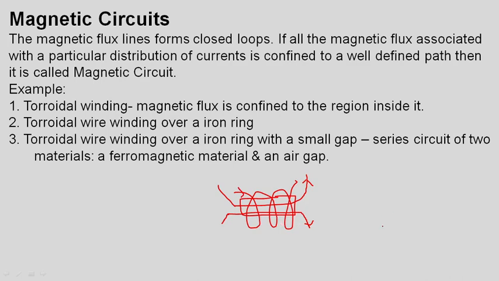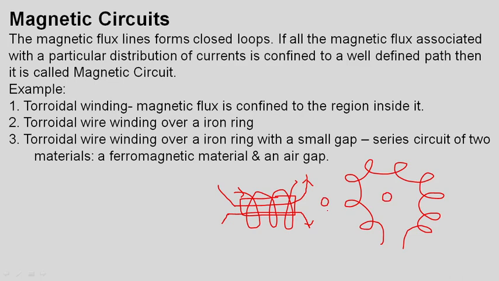But if you consider the toroid, you will find that in this region the magnetic field is zero. That means there are no magnetic field lines. Outside the magnetic field is zero. That means there are no field lines. So magnetic field lines are only inside this region of the toroid.